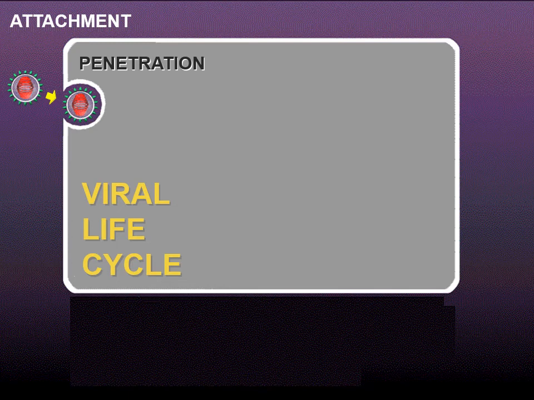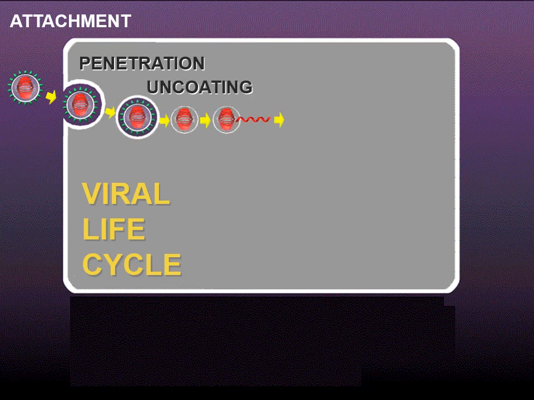Now the entry or penetration leads the virus particle to get inside the host, and as I said earlier, the virus particle is going to be released after a while by the process of uncoating, releasing the nucleic acid. So the nucleic acid is going to be present inside the host.